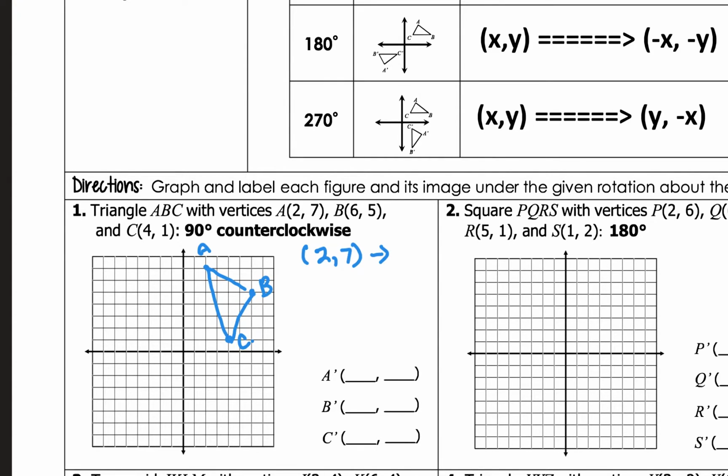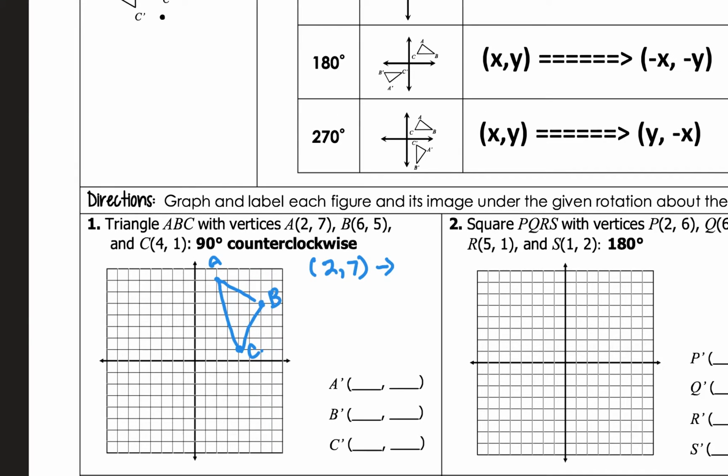So when we rotate around the origin, it's going to change the x and the y values. So we have the y is going to be now the x. And so you're going to have negative 7, comma, and then it's going to be 2.